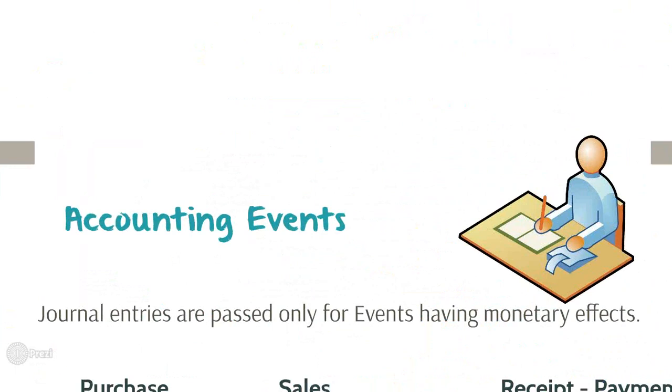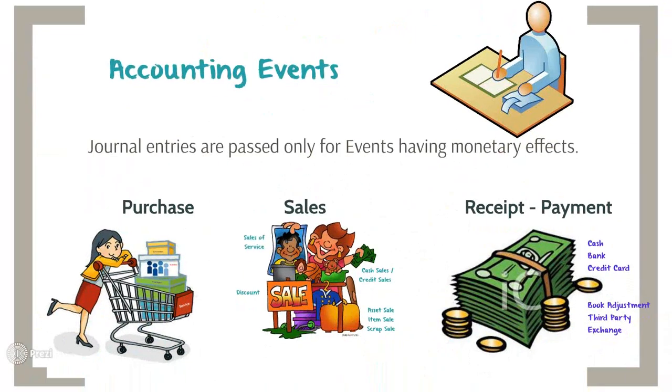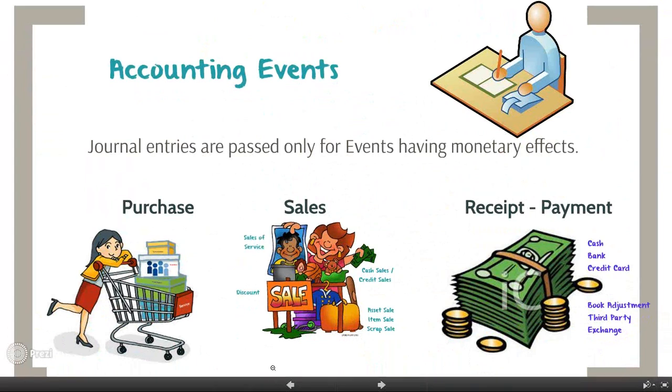So just to show you some examples of accounting events: purchase, sales, receipt, payments. These are the normal accounting events we have. So when I say purchase, what all things can I do in purchase? Yes.